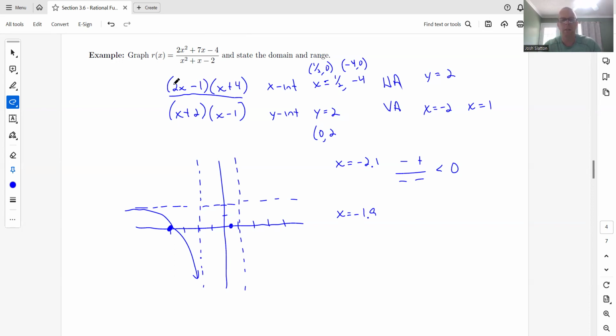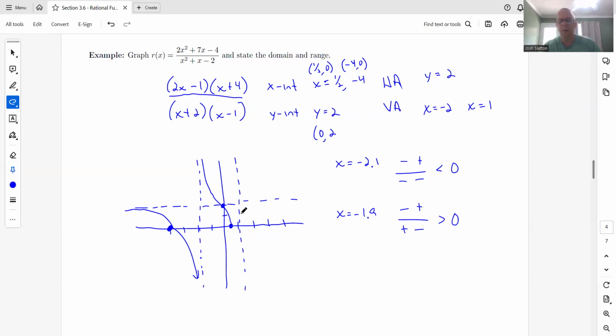So 2 times -1.9 minus 1, that's going to be a negative. -1.9 plus 4, that's going to be a positive. -1.9 plus 2 is going to be positive, and then -1.9 minus 1 is going to be negative. So here we have a negative over a negative. That's going to be a positive. And so we know it's going to come down like this. We also know the y-intercept is 2, so it's going to hit right there.